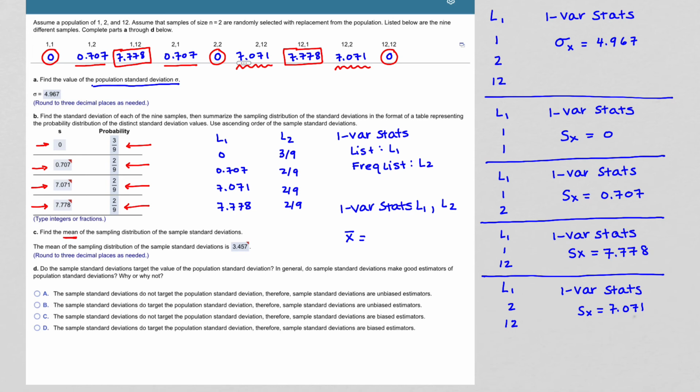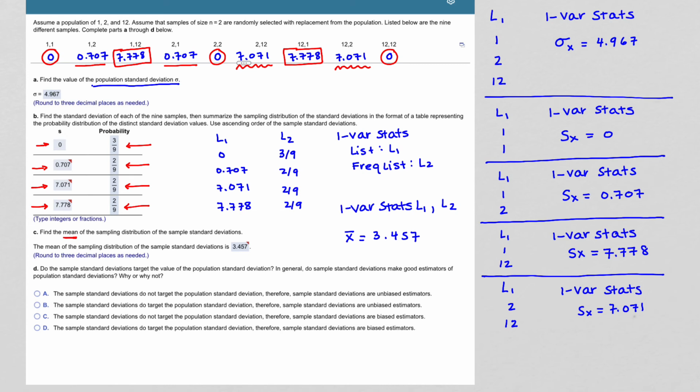So the trick of these is to be very focused on what value it is that you want in the situation. So in this case, we want the mean of the sample standard deviations. And we get 3.457.